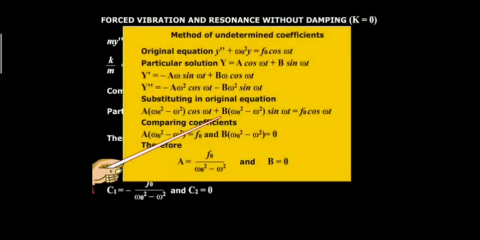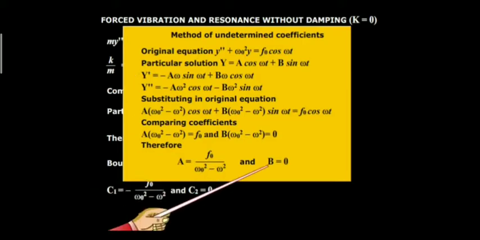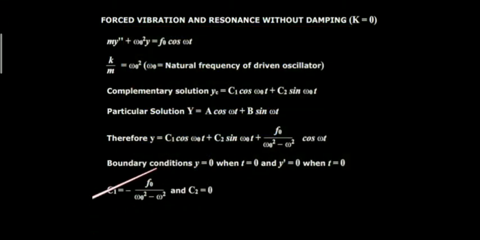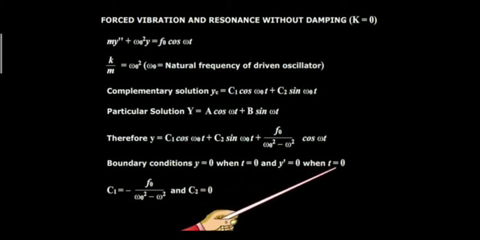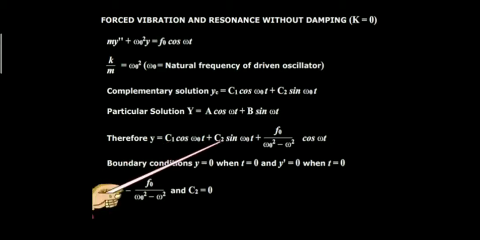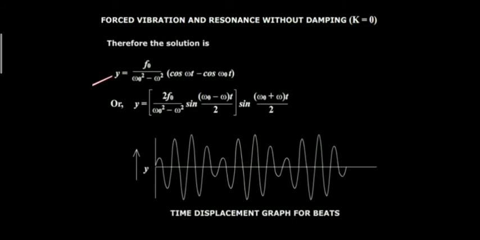A and B are calculated by the method of undetermined coefficients. We get A equal to this and B equal to 0. Now taking boundary conditions y equal to 0 when t equal to 0 and y dash equal to 0 when t equal to 0, in order to solve for C1 and C2, we get C1 equal to this and C2 equal to 0. Therefore, the solution is this.